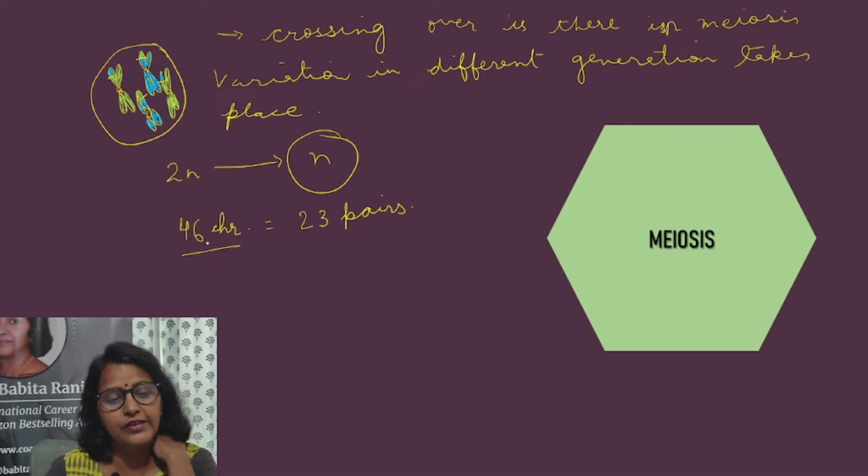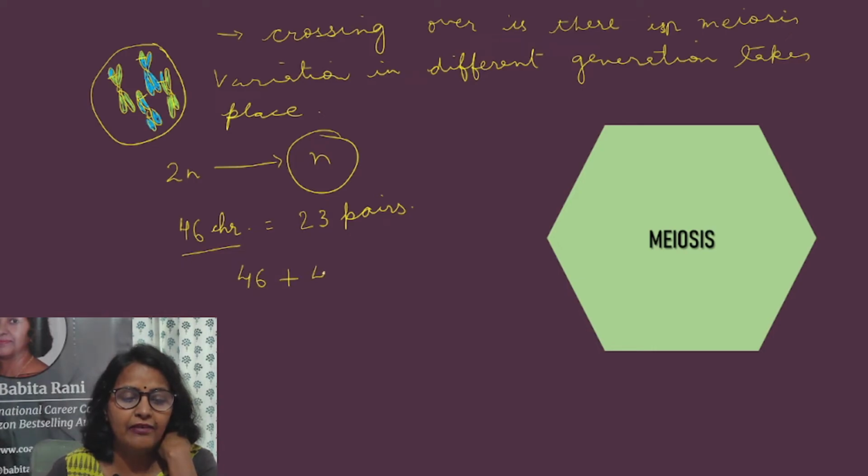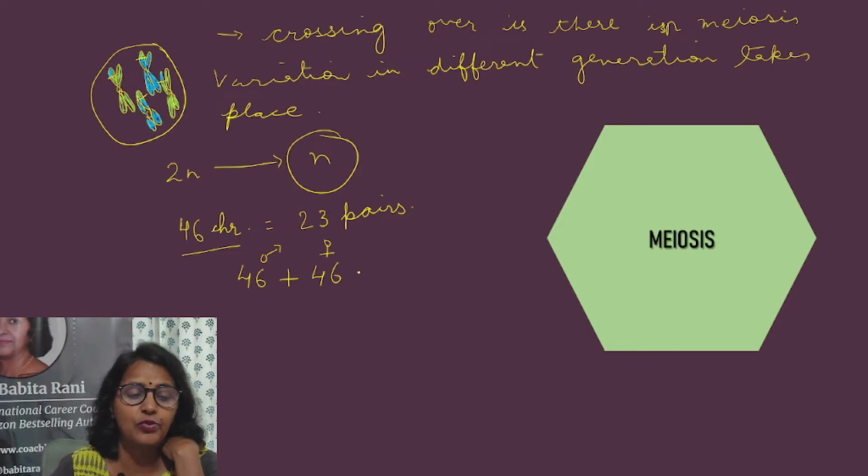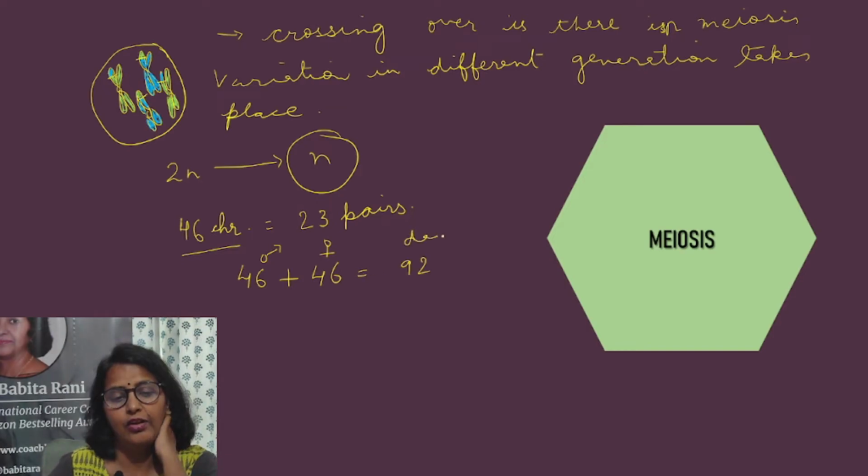So if this chromosome number is not reduced during meiosis, what will happen? When one cell comes from father and one cell comes from mother, both of them will have 46 chromosomes, and in the daughter cell it will result in 92 chromosomes.